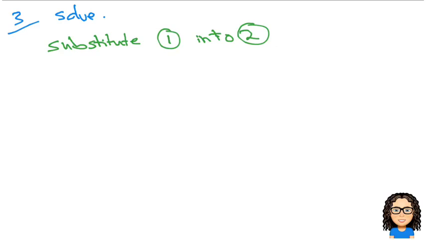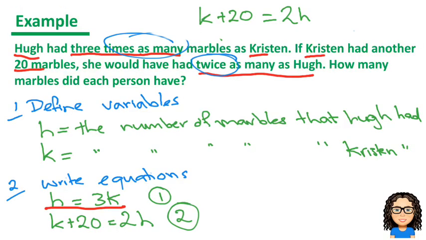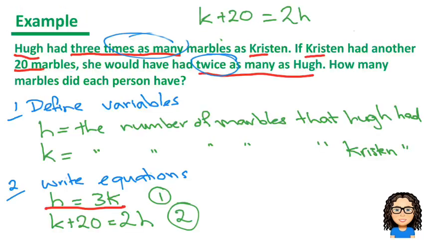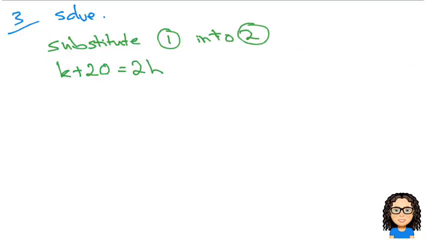So my equation number 2 is k plus 20 equals 2h. And I am going to substitute h with 3k. So in place of this h, I'm going to replace that with 3k.